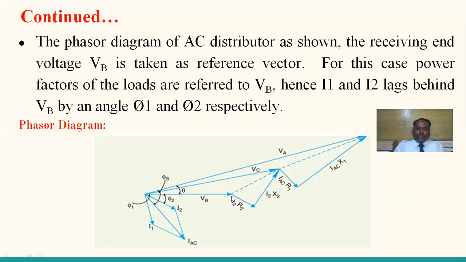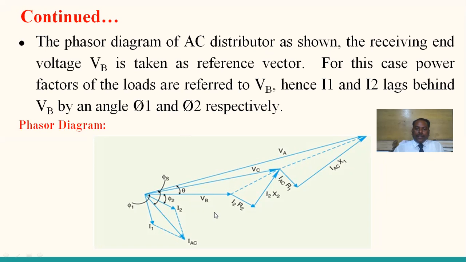So, draw the drop of the section CB, having R2 plus jX2 impedance. The current is I2, so I2 into R2 is the resistance drop, and I2 X2 is the reactance drop.